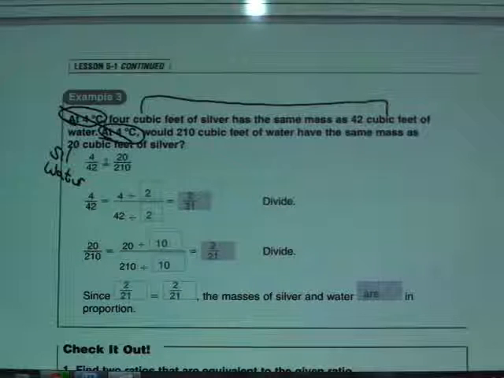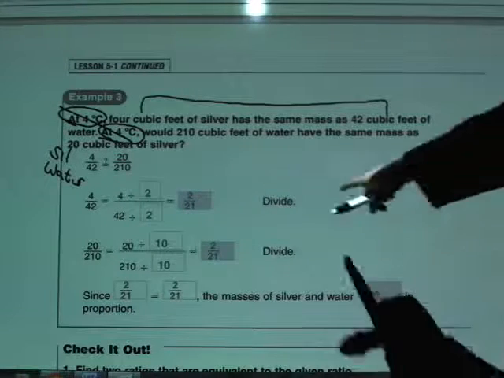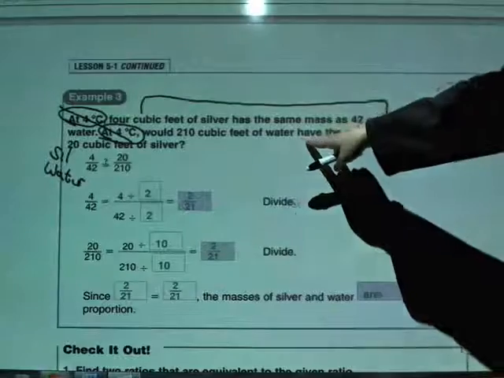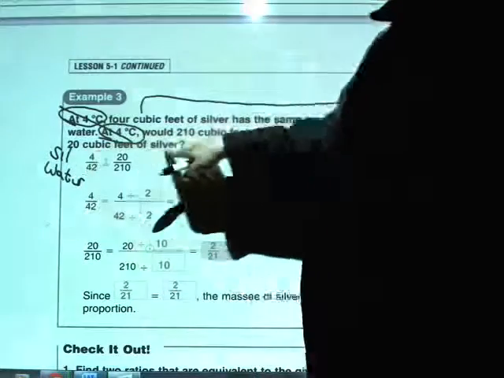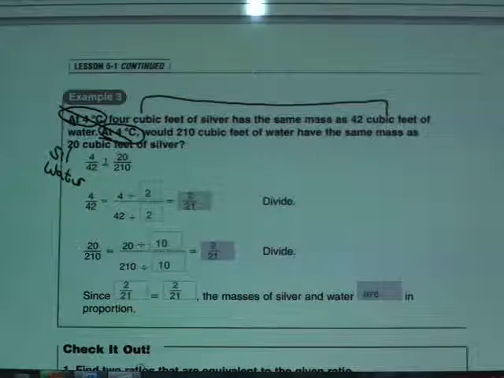Now, from sentence 2, I'm going to be able to write a similar fraction that compares silver to water. What they're saying here is 210 cubic feet of water being equivalent to 20 cubic feet of silver. Now, what you have to be cautious about is that when we're figuring out if these two things are the same, we've got to set up our fractions the same way.